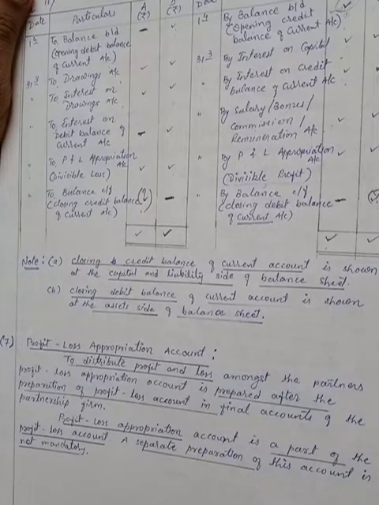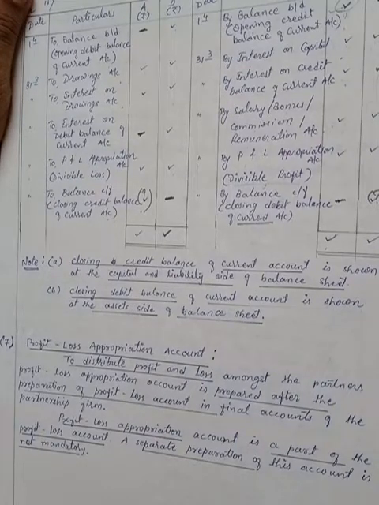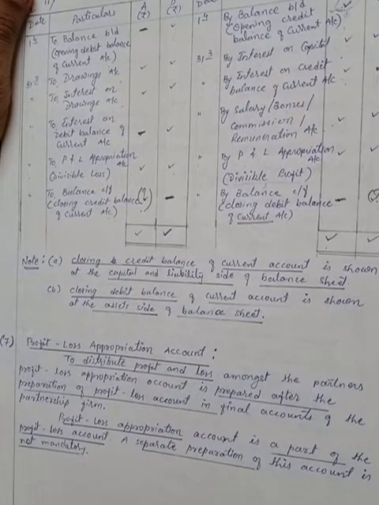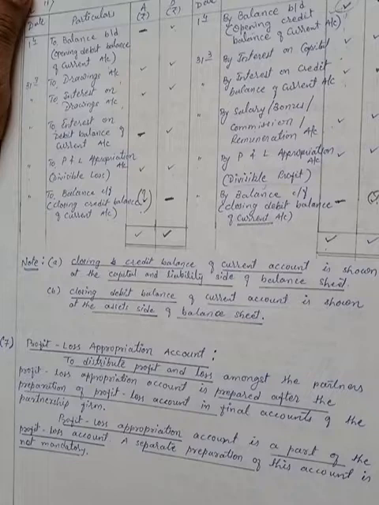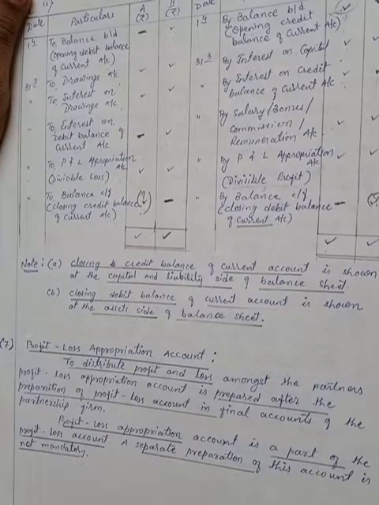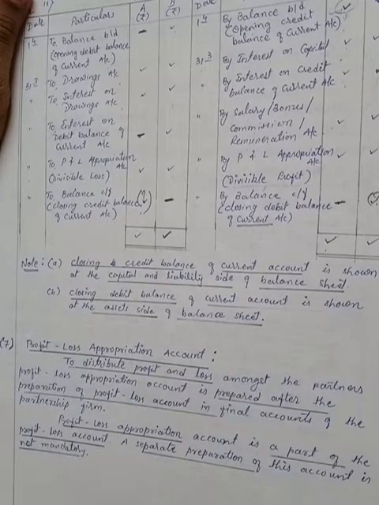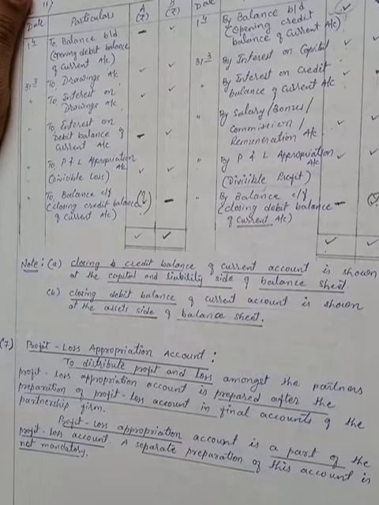The information about the appropriation can be shown in the profit and loss account also, together with the other expenses and incomes we have recorded. But we are learning for the very first time, and you should know how it can be prepared. We will prepare it separately in our final accounts.